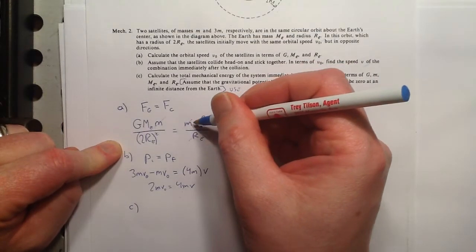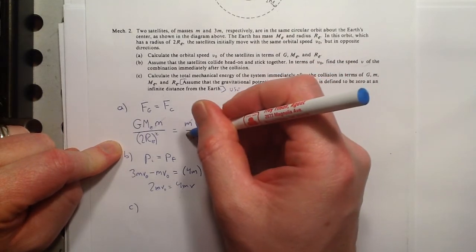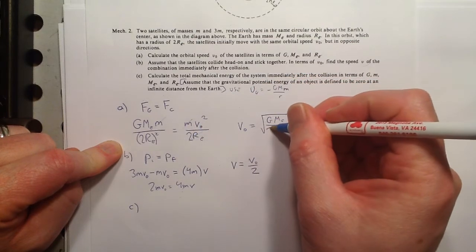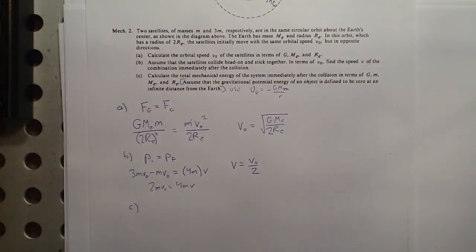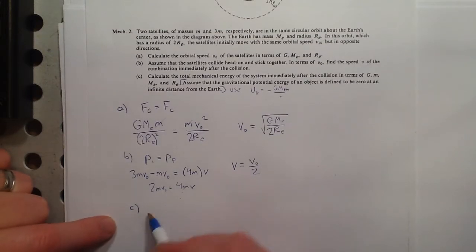This would be m v0 squared over 2R_E, and that would put a 2 here. So sorry about that. That's the radius of the orbit. It's not right at the Earth's surface. Sorry if you caught that before or were wondering what was going on there. Okay, sorry about that. I'm glad that's fixed.